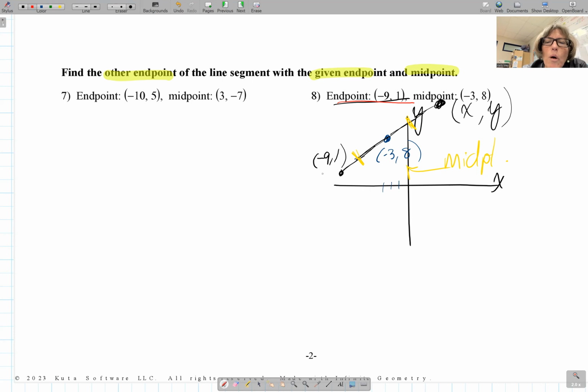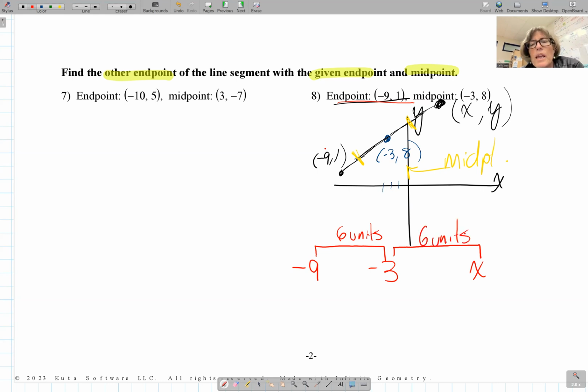You ask yourself, what is the distance between -9 and -3? The distance there is 6 units. Then -3 and mystery X must also be 6 units. And I know I'm going to be in a positive number, so it's -3 plus 6. So I know my X coordinate is going to be +3.